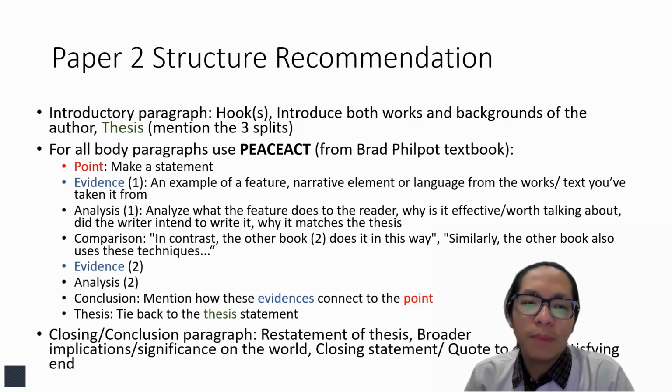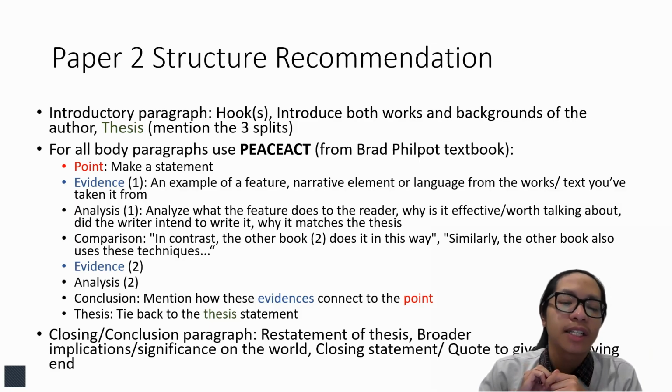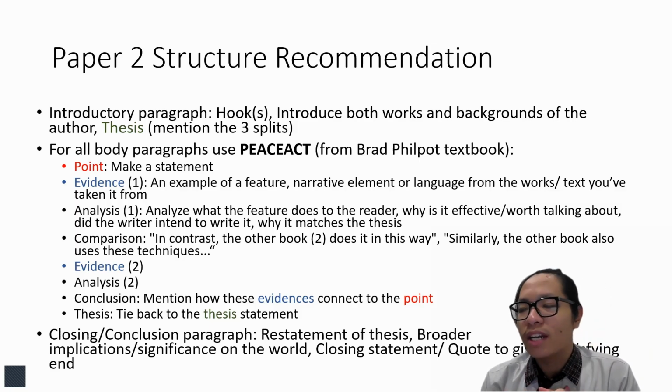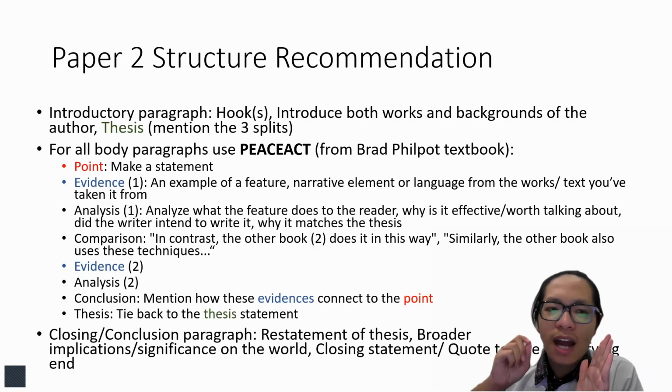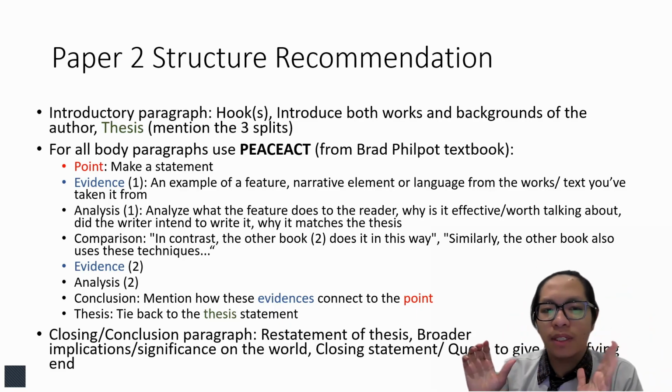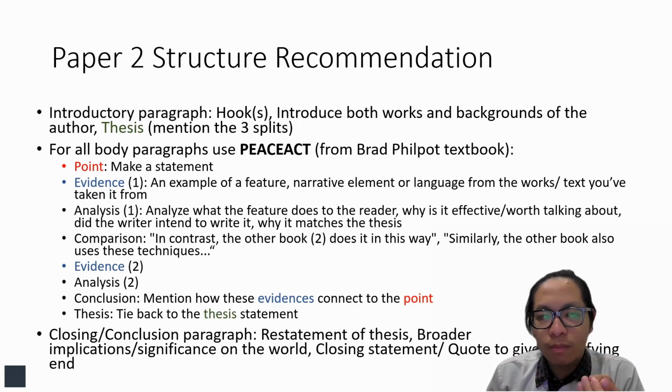Evidence one. What this means is the first literary text that you're going to discuss. You pick a certain moment from the work and show how it applies to this statement. For example, Joseph Conrad's character in the book, Marlowe, experiences emotional change as he matures into his own independent person.